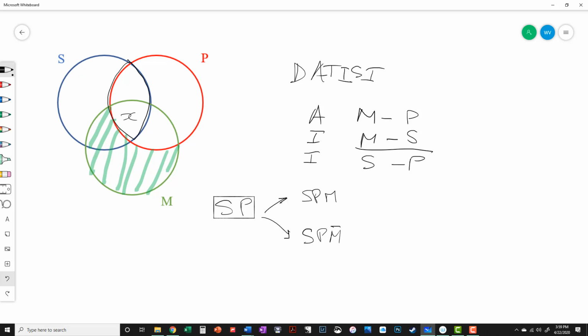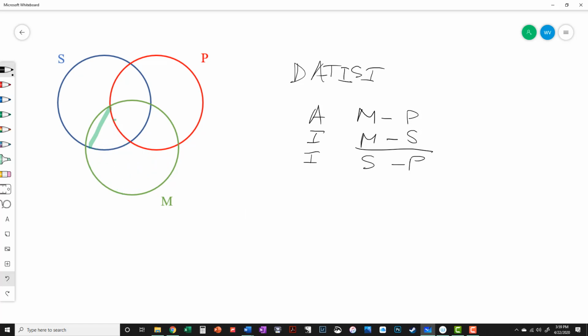Now, I mentioned a rule a minute ago, which was that we should always diagram universal propositions first. And I want to show you what happens if we don't do that. Let's say we did our particular proposition, the I proposition, first. That says some M is S. So we're dealing with the M circle and the S circle, and we're saying that there's something in this intersection, right? And the way we represent that is by putting an X somewhere.